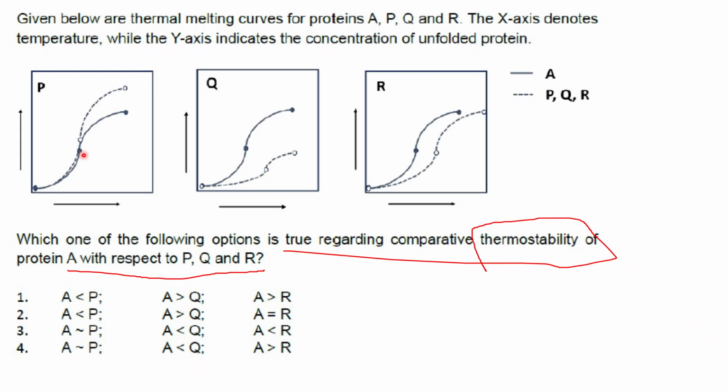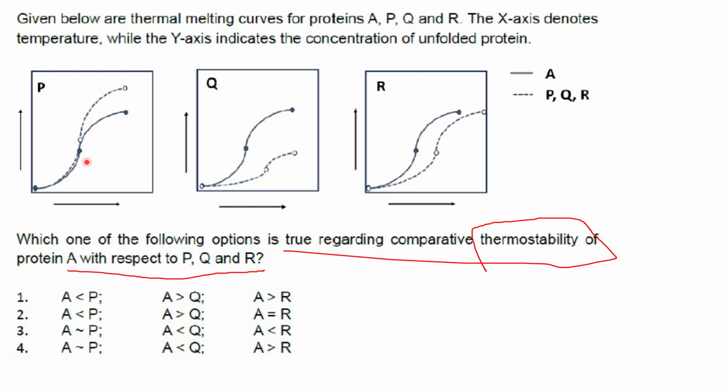So remember this: if the Tm is higher, that is, if it requires a higher temperature to unfold 50%, then it is more thermostable.